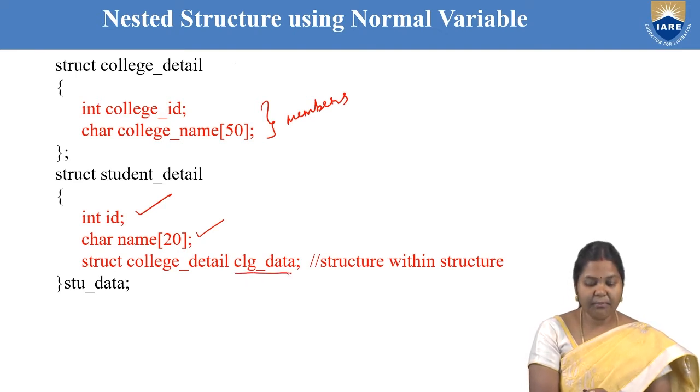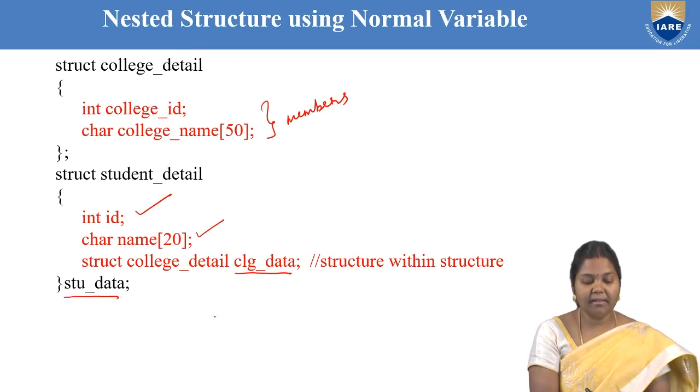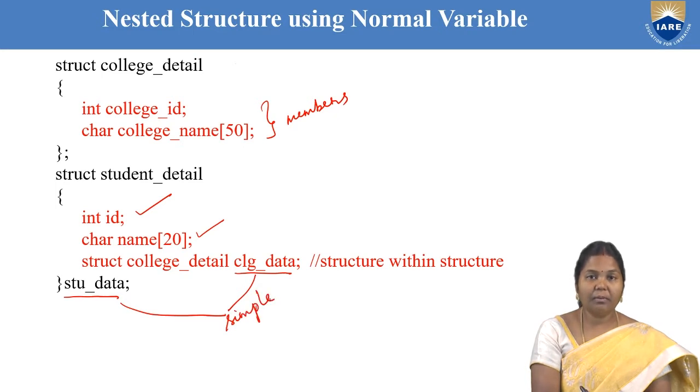Now, there is a structure variable called college_data, and student_data is the variable for the student_detail structure, whereas college_data is the structure variable for the college_detail structure. These two variables are simple or normal structure variables.